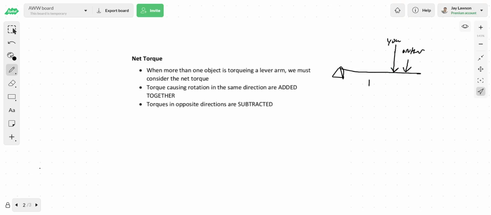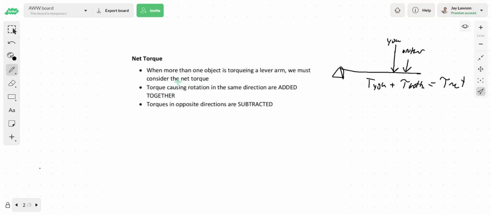So to find the net torque, the total amount of torque acting on this lever, you would take the torque produced by you and add it to the torque produced by your brother. That would equal the net torque, similar to net force when we solve for it using Newton's second law.